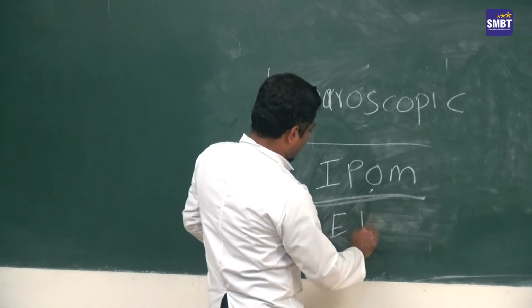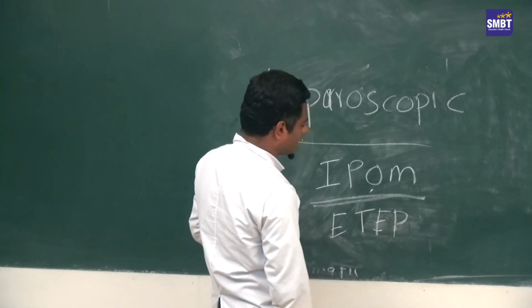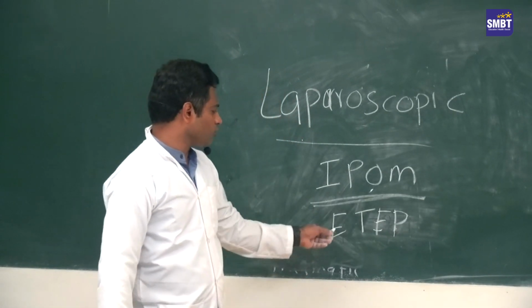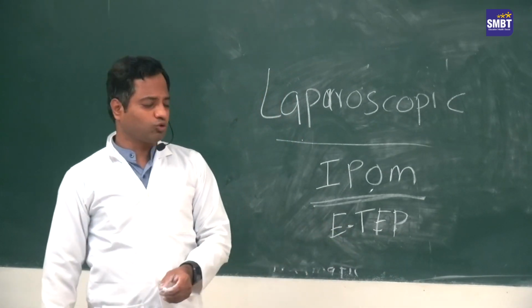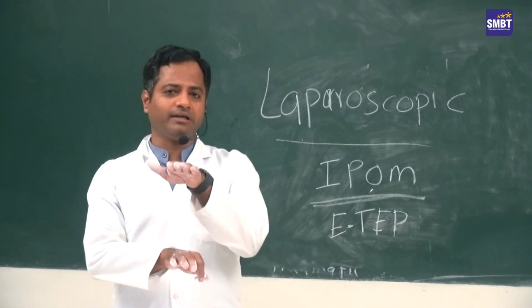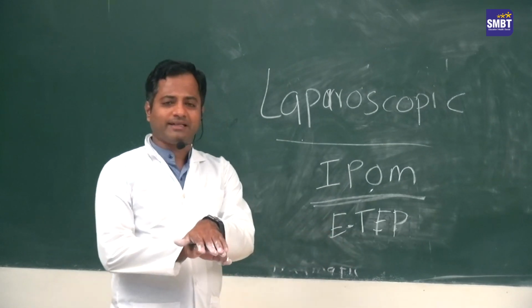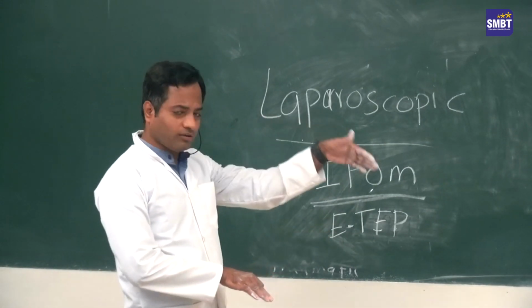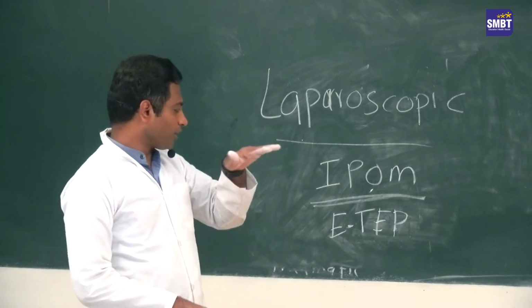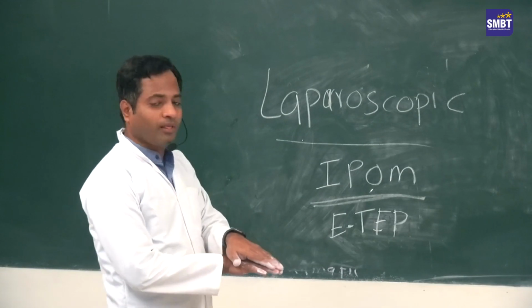Again, there is a newer treatment for laparoscopic umbilical hernia, or any laparoscopic ventral hernia, called eTEP, that is endoscopic total extraperitoneal repair. So you go into the extraperitoneal space, dissect that space, go to the opposite side, reduce the contents, and put a mesh in the extraperitoneal area.